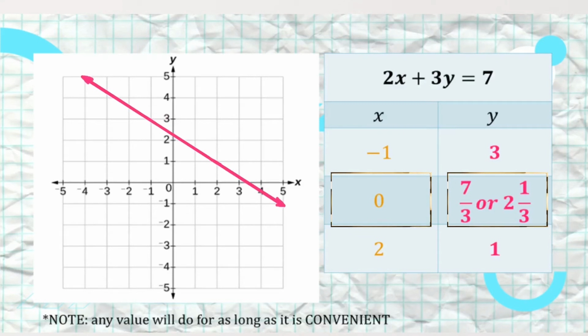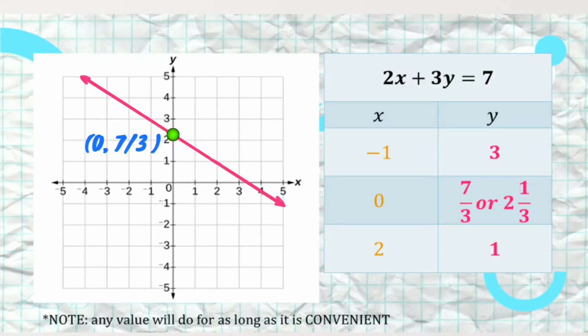0, 7/3, or also known as 2 and 1/3, is right here. Notice the graph. Our line intersected the Cartesian plane at 2 points, this and this. They are called intercepts.